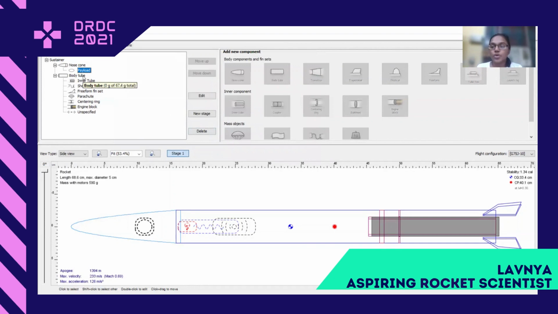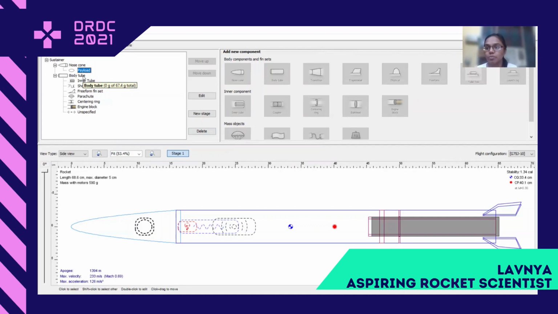I just want to add a few points for the nose cone. One mustn't choose the type of nose cone based only on its appearance, because beyond appearance there are many other things to be considered. It also adds a drag component, so you would require the nose cone to be perfect.